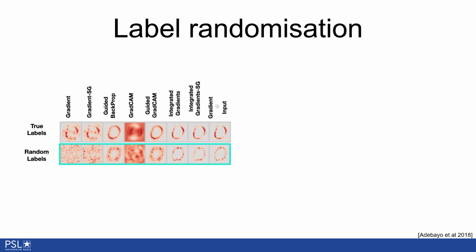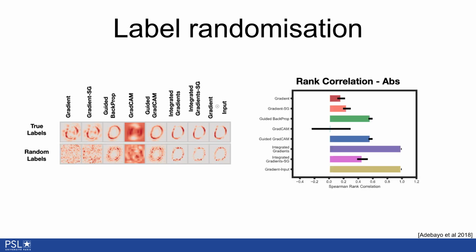The result of this quantification is shown on the right. Here, the y-axis corresponds to different methods for computing saliency maps. The x-axis shows histograms of rank correlations between saliency maps obtained from true and randomized labels.